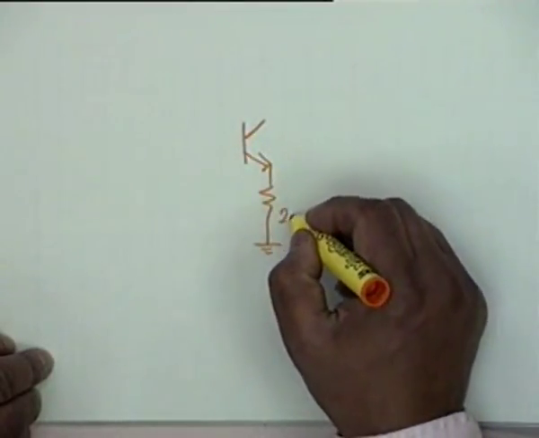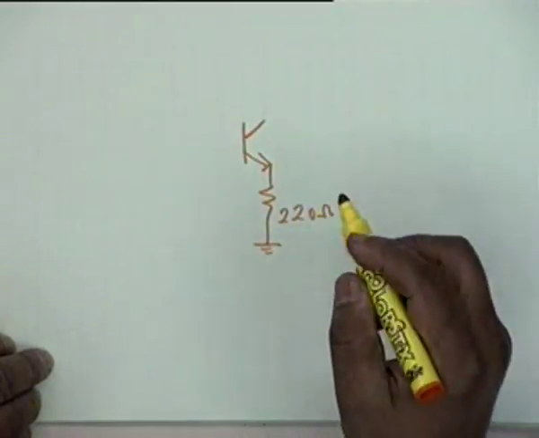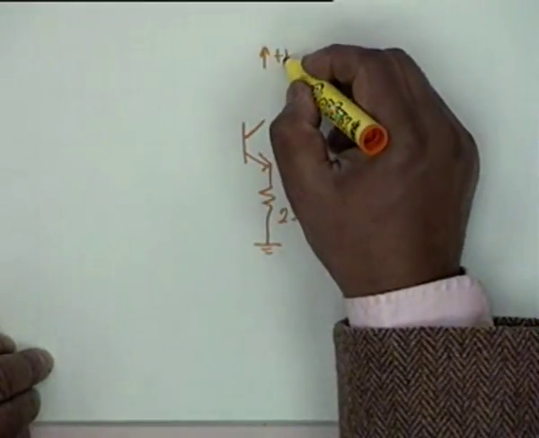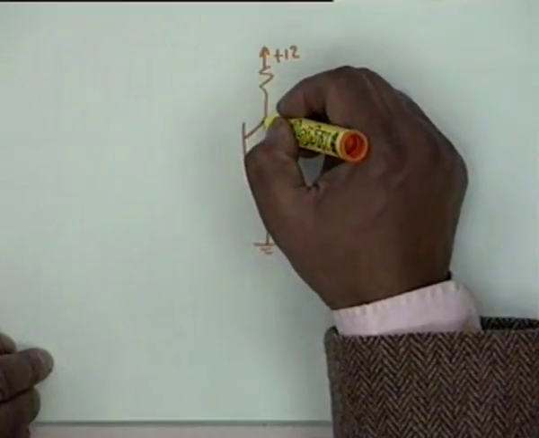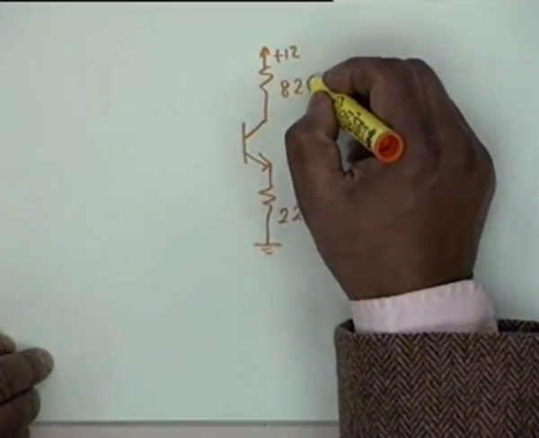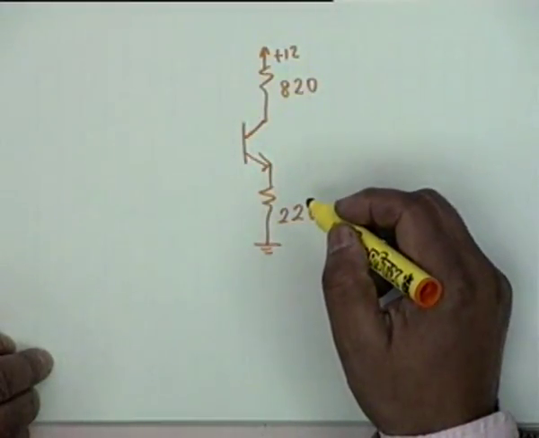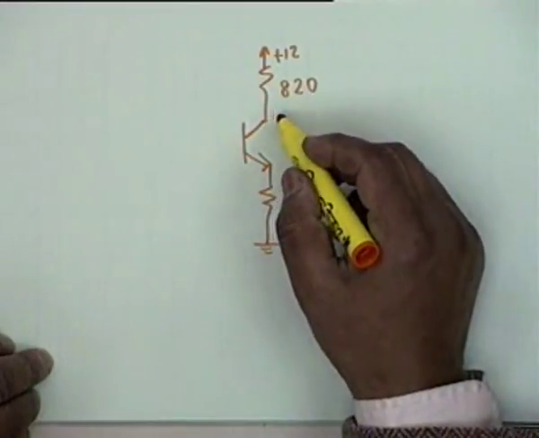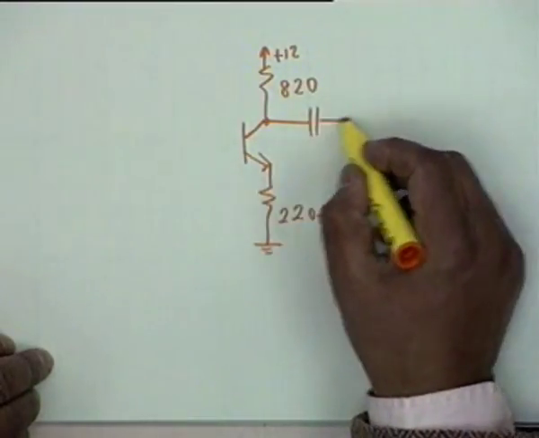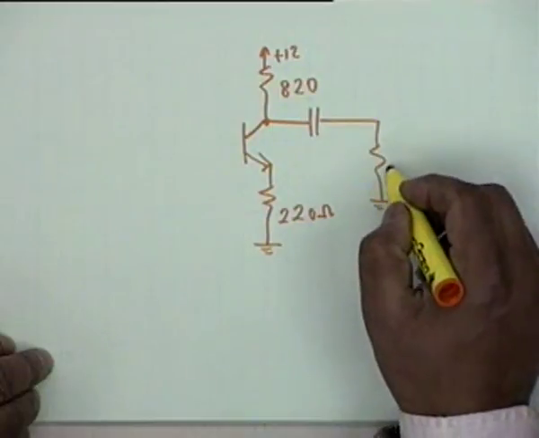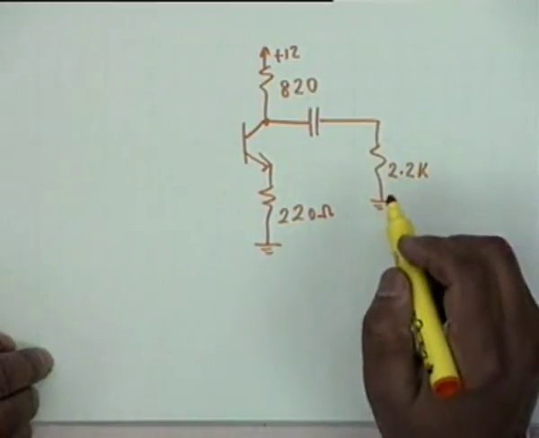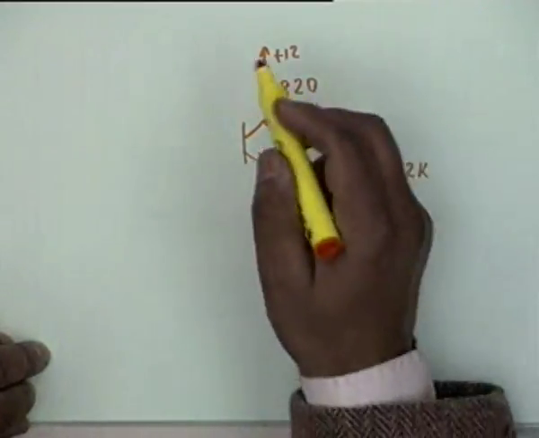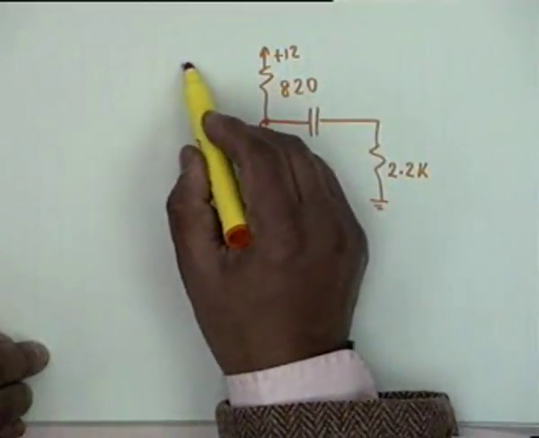The next question, question 9 in the tutorial sheet, is that of a BJT. BJT biased like this, 220 ohms, 12 volt plus 12 volt, 820 ohms. There is a capacitor which goes to another load 2.2 K, which as you will see will not be of interest at this point.